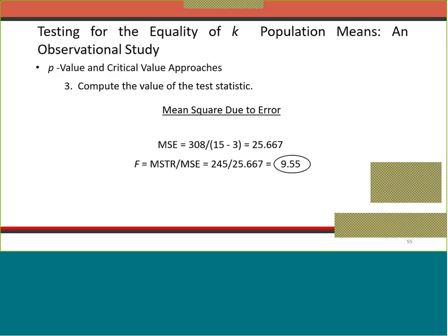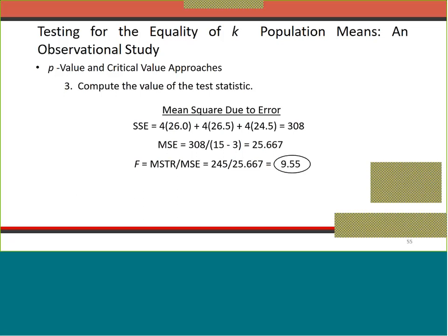Now we will calculate the mean square due to error. How do you calculate SSE? First sample size is 5, so 5 minus 1, 4 into first sample variance, plus second sample size 5, 5 minus 1 is 4 into second sample variance, plus third sample size 5, 5 minus 1 is 4 into third sample variance.